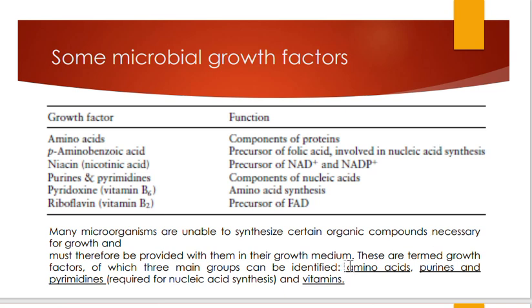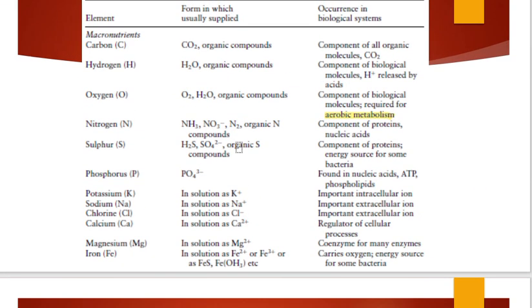So I hope you will remember these three, as well as their functions. Those are the different microbial growth factors that are needed for your microbial growth. So again, your amino acid contains nitrogen.